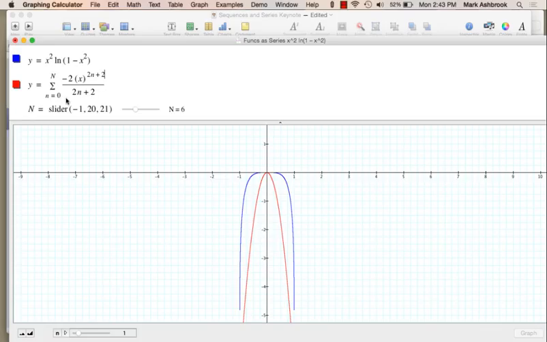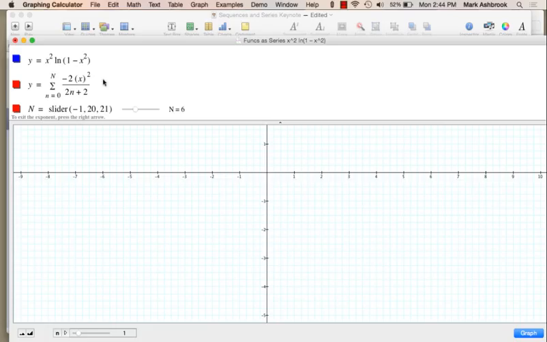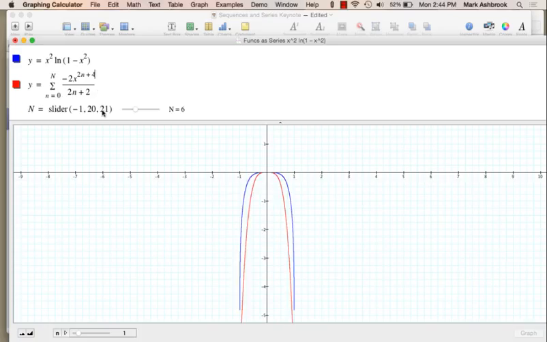Negative 2x to the 2n plus 4 over 2n, and it was over 2n plus 2? Okay. Something's wrong. We know what it's supposed to do, right? So the question is, why isn't it doing it?